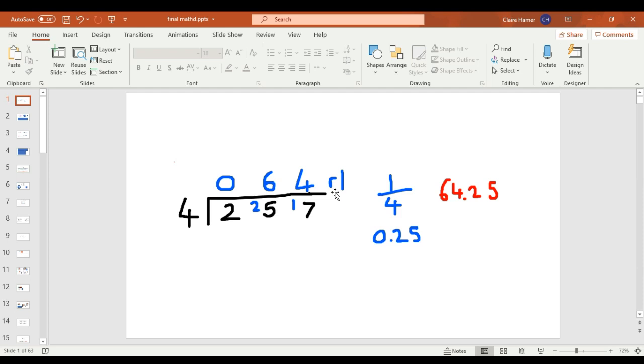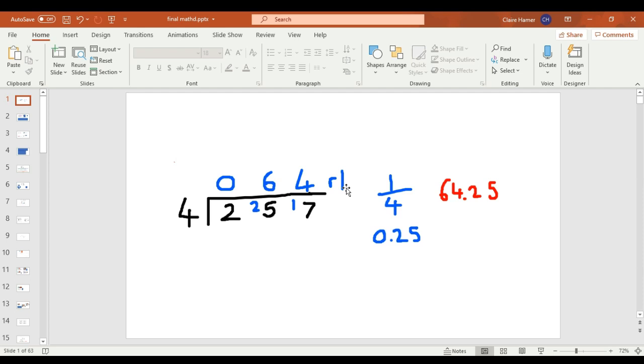So in that scenario, you would need to be able to do the decimal part. But a lot of the time you can just put R1. Normally, test questions will say, please give your answer as a decimal. So that's good to know.